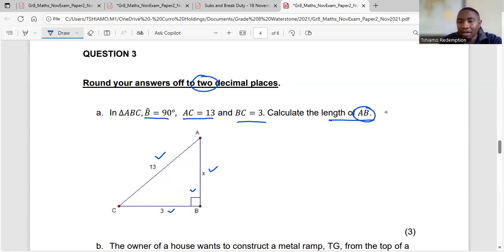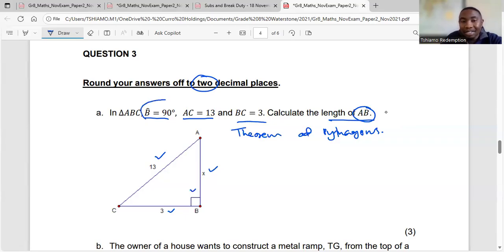So we can use now the theorem of Pythagoras. Can you see? Theorem of Pythagoras. If you're not sure about this one, there's a whole video on it. So the theorem of Pythagoras, we use it to calculate sides, and it only applies when we are given a right angle triangle.